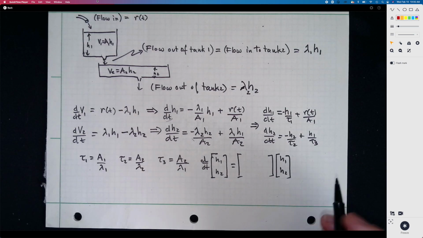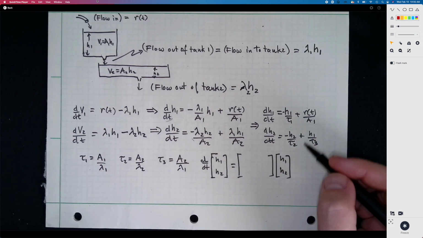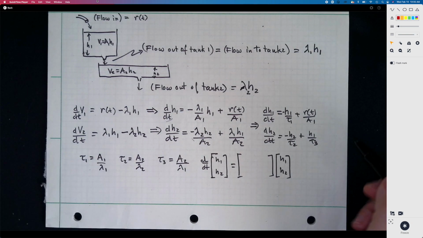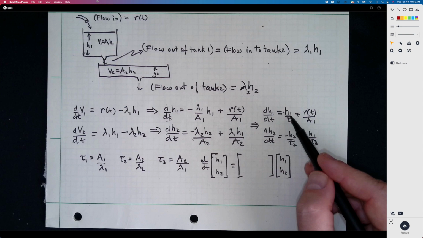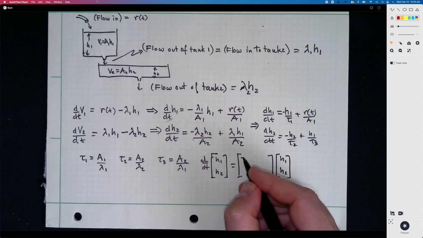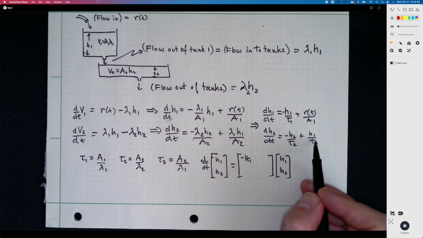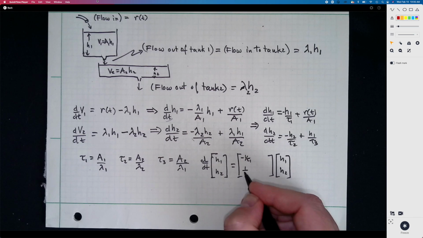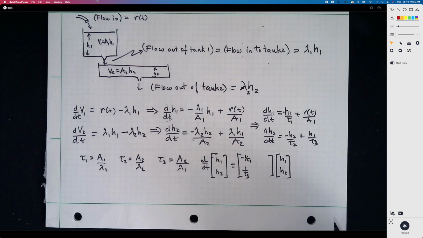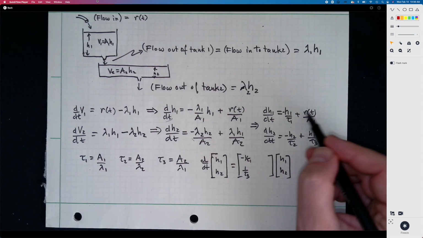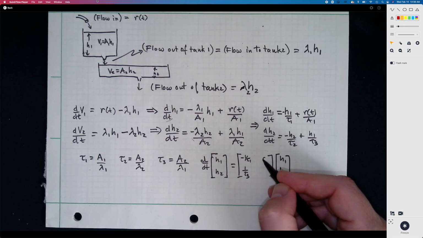Or you can view it another way: the first column is everything which multiplies h1. So we can fill it out either way. Here h1 multiplies minus 1 over tau 1, so we get minus 1 divided by tau 1. And over here h1 multiplies 1 over tau 3. Then if we look at the coefficient of h2, in the first equation there is no h2, so there's a 0.